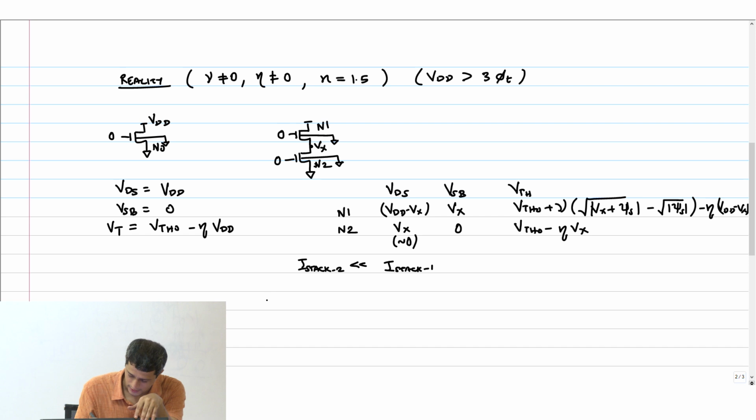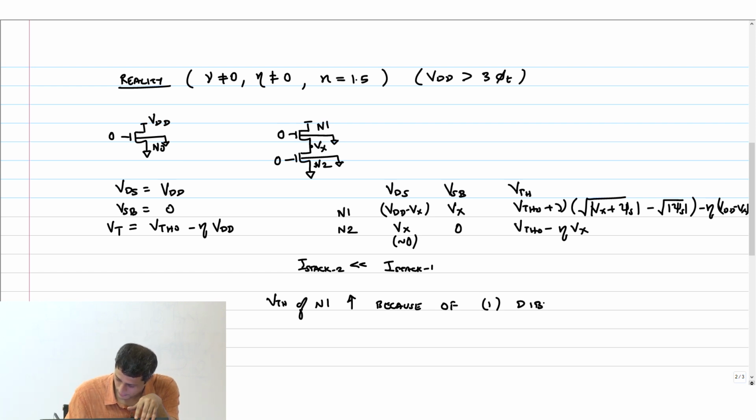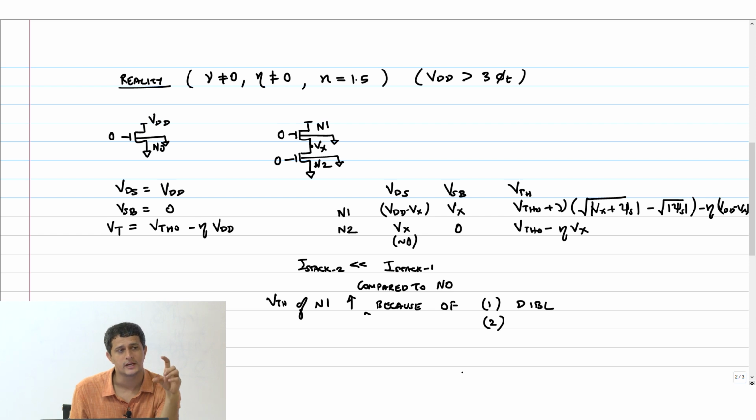So basically VTH of N1 increases compared to N0, 1 because of DIBL: VTH of N0 has minus eta times VDD, here minus eta VDD is there, but there is plus eta times Vx.